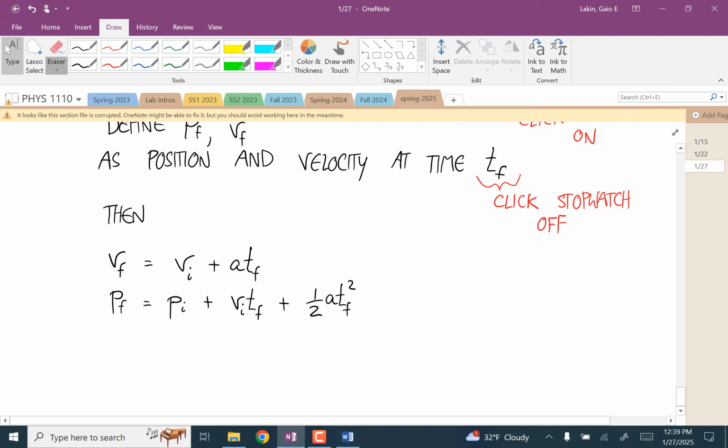And the last one says 2 times the acceleration times the quantity P final minus P initial is equal to V final squared minus V initial squared.